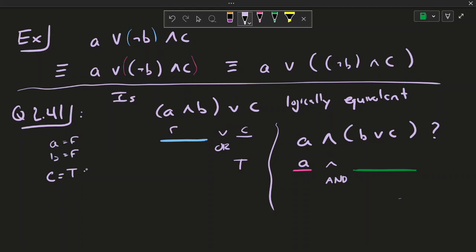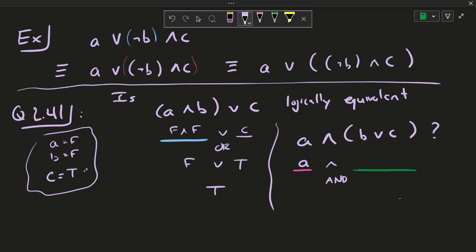Then we have false and false, and that blue all together, false and false makes false, but false or true makes true. So with these three variables or propositions set as false, false, and true for A, B, C, on the left-hand side I get true.